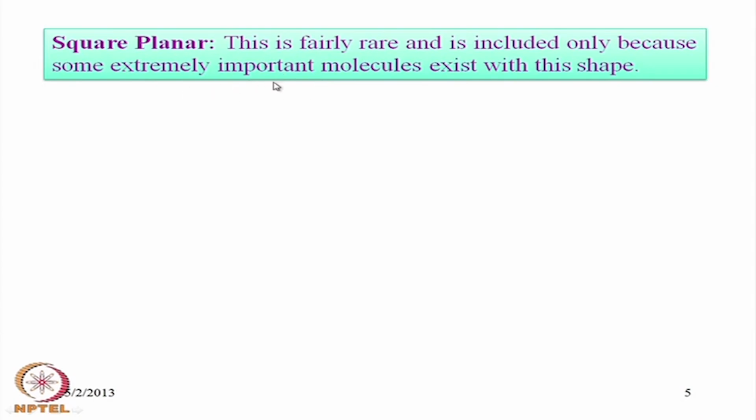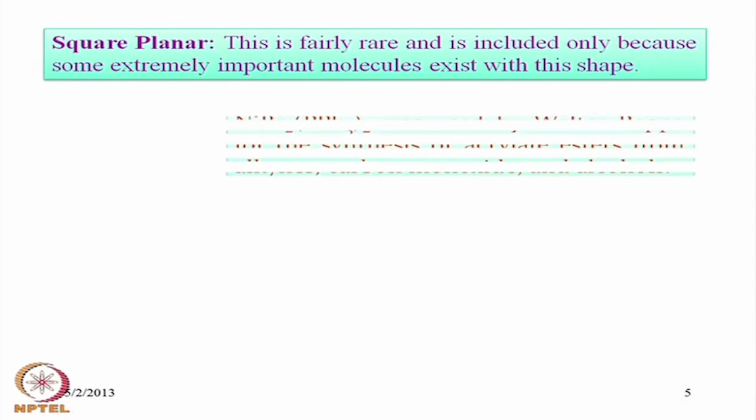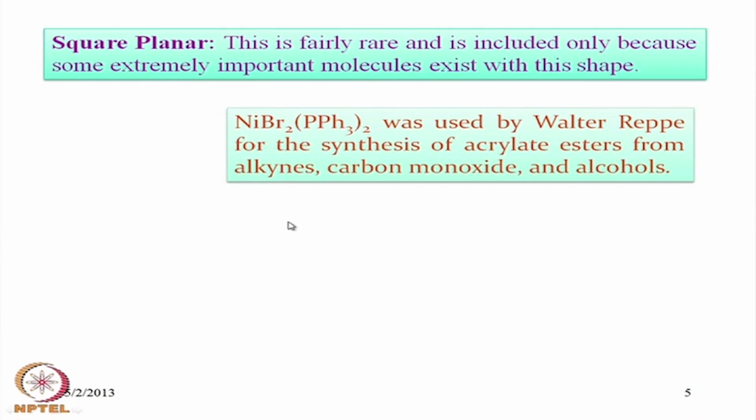Whenever we have cyanide as the ligand, we have Ni(CN)4 2 minus, with 4 cyanide groups attaching to the nickel center, giving a square planar geometry. Similarly, we have NiCl2 phosphine, which is used by Walter Reppe for the synthesis of acrylate esters from alkyne, carbon monoxide and alcohol.